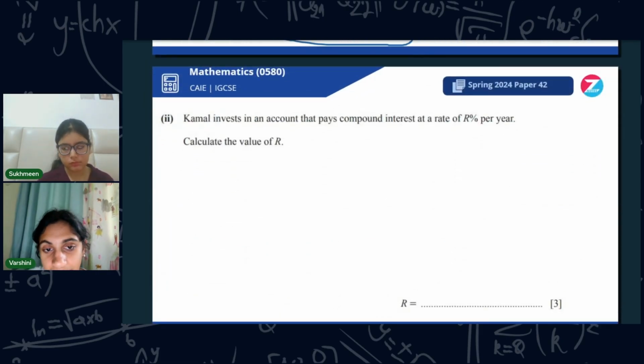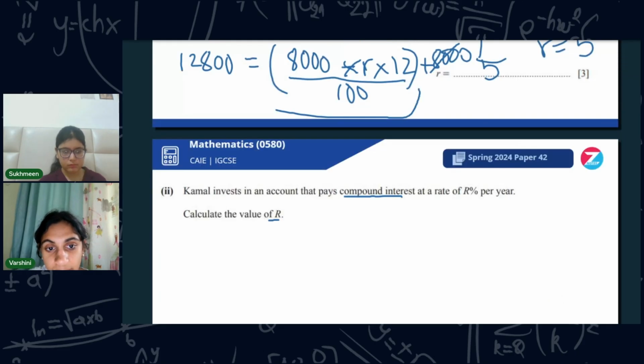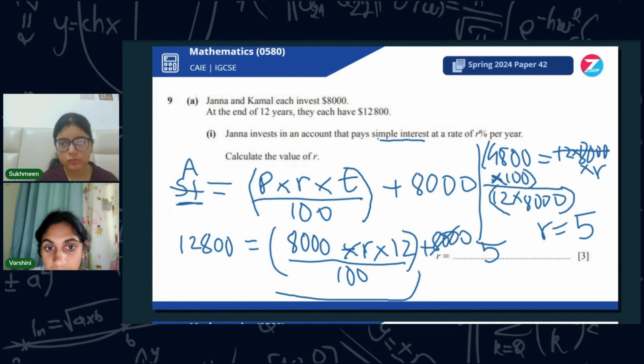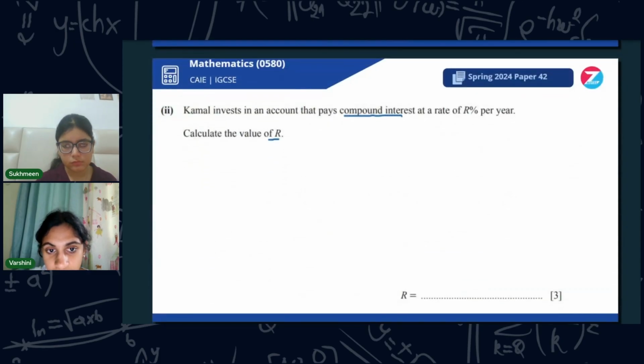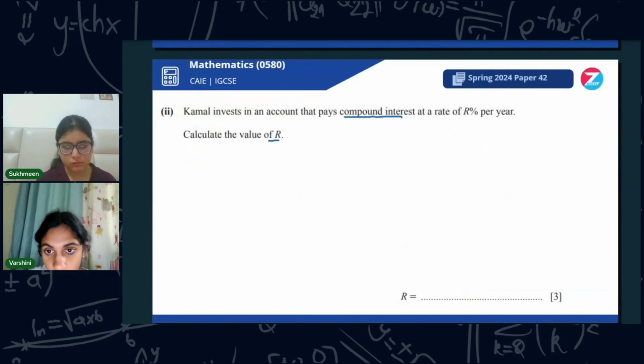Kamal invests in an account that pays compound interest at a rate of R% per year. Calculate the value of R. Remember, Kamal has invested the same amount, except her account pays compound interest.